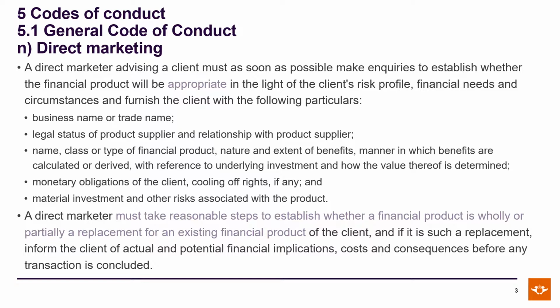When they're on the phone to the client, they need to give the following information: the business name, the financial product, the obligations of the client, cooling off rights, investment risks, etc. You can go through the list over there. They must also, very importantly, take steps to establish if the product is a replacement or if it is a new product, because the financial implications and the consequences are different for each.